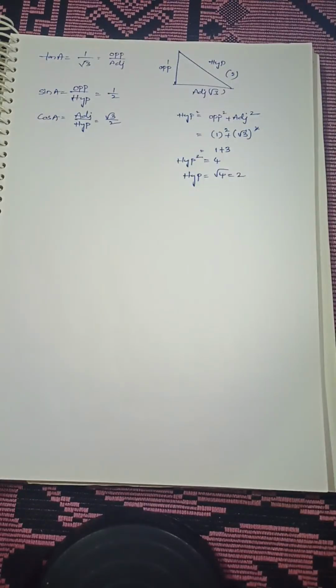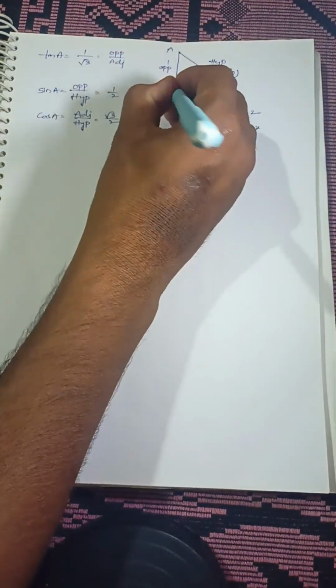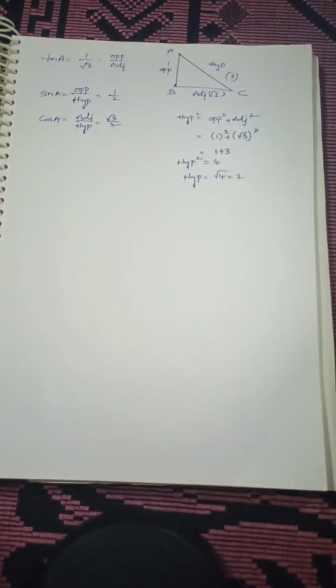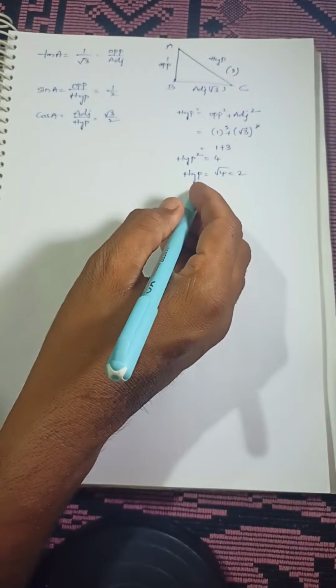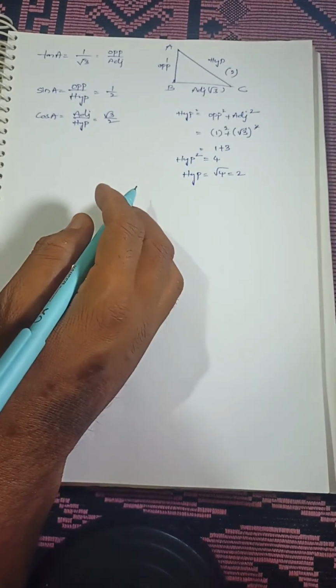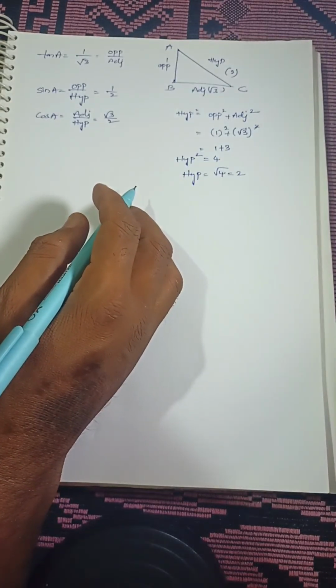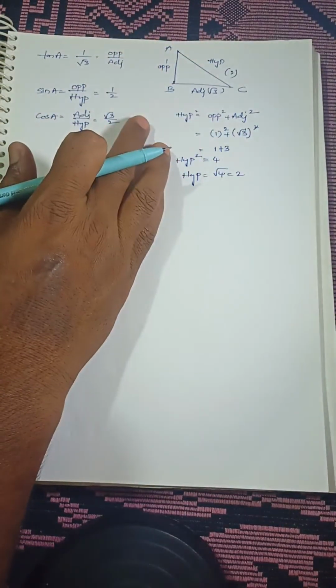So if you are taking A, B, C like this, you are going to get the value like this. How to find out sin C? If you turn this one, we are going to get the value of sin C. If you turn this one, AC value becomes 1.